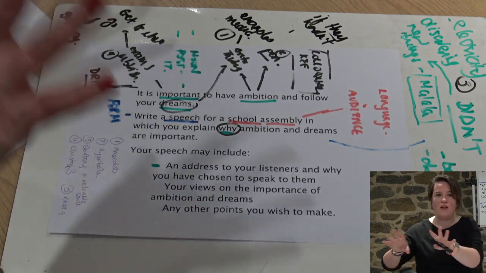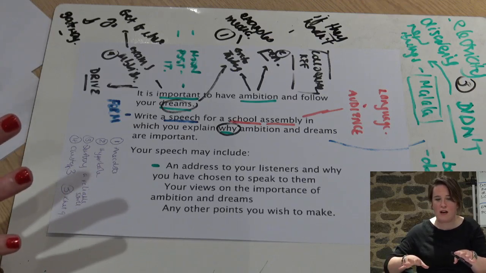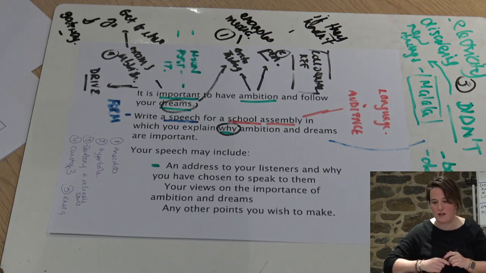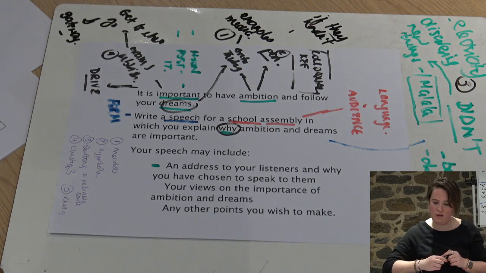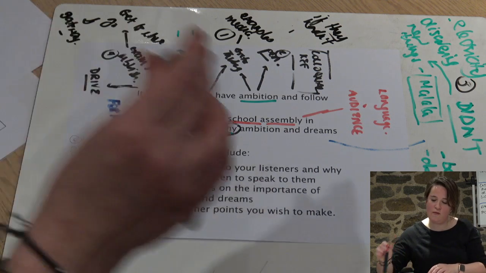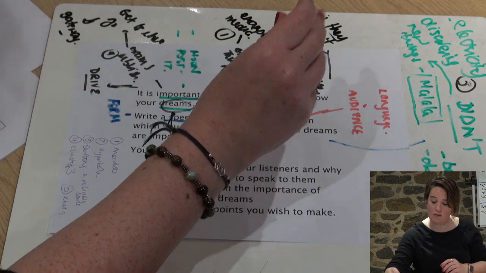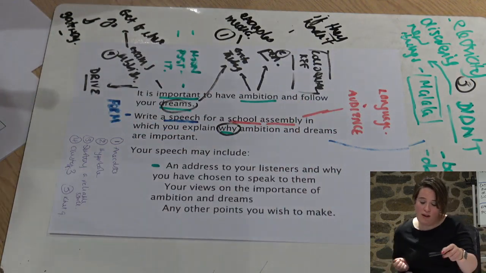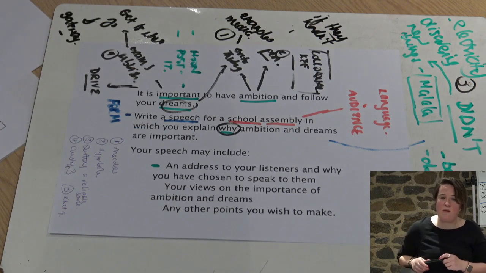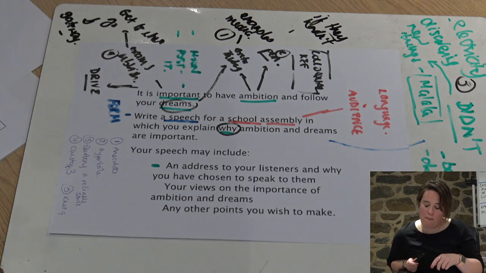Okay, so once you've got your initial plan, that's when you're ready to start writing. So just to sum up really, highlight keywords in the question, and they'll always be asking you several things. If we think about it, we've got audience, form and purpose. So the audience, people like you, basically, but also people in the school assembly, might be teachers as well. It's a speech, so you've got to show them you understand the speech form.